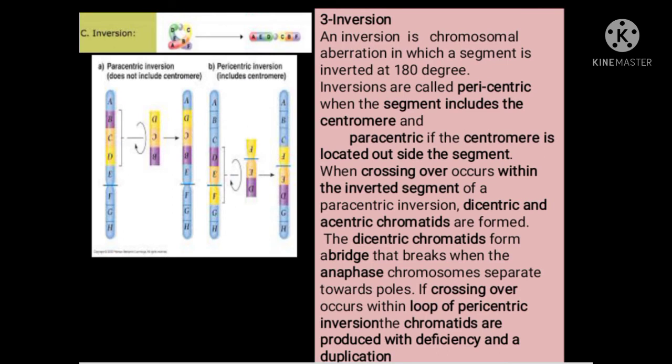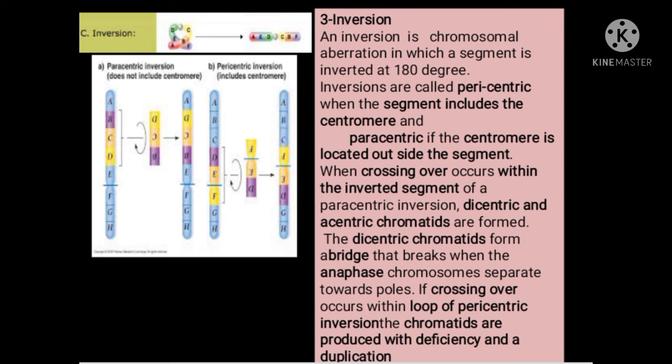Then another variation in chromosome structure, the inversion. An inversion is the chromosomal aberration in which a segment is inverted by 180 degrees. Inversions are called pericentric when the segment includes the centromere, and paracentric if the centromere is located outside the segment.